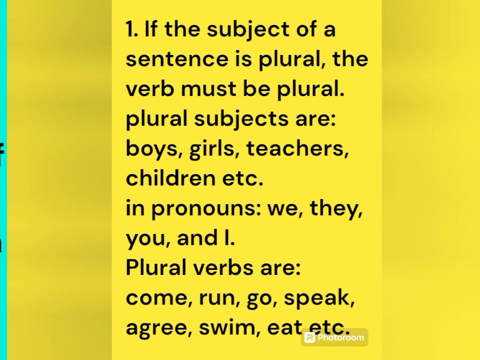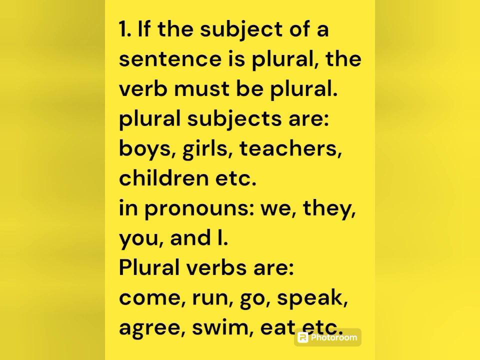The first one says, if the subject of a sentence is plural, the verb must be plural. The plural subjects are words like boys, girls, teachers, children. Then in pronouns, we have words like we, they, you, and I. Yes, I do take a plural verb, except in the simple past where it uses the singular verb.